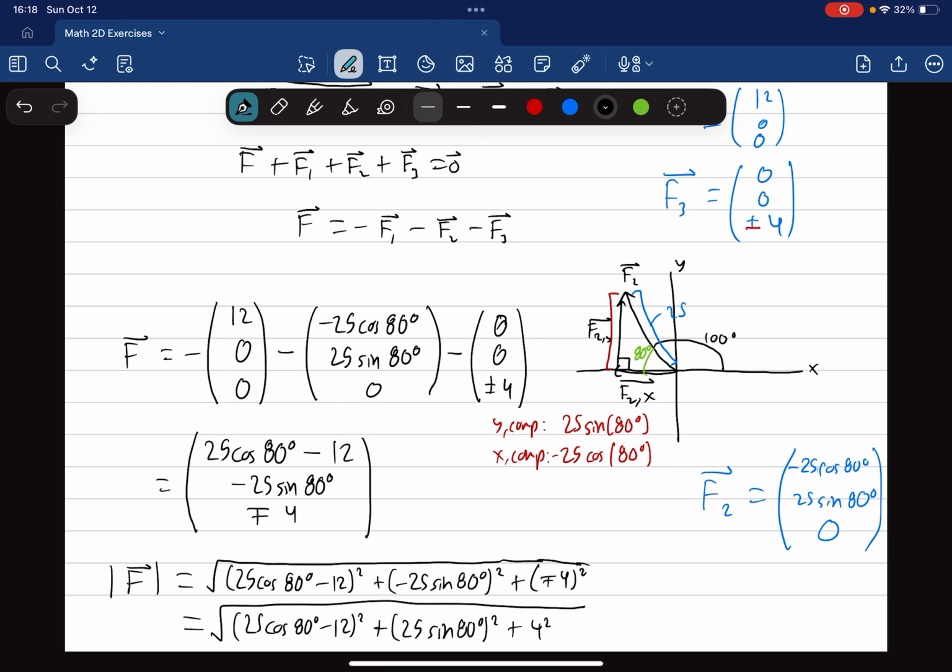And so using a calculator, we end up finding that this is approximately 26.0924, or if we want to only keep it to the first decimal place, this is 26.1 newtons, remembering to add our units at the end. And if you look at the back of your Stewart Calculus book for the 9th edition, you'll find that this is exactly the answer they give for the magnitude of this vector.